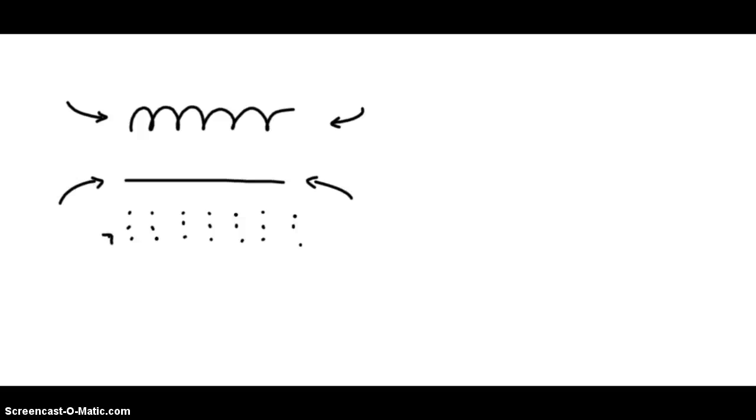It's where the medium runs out. No more air, no more string, no more slinky. And there are two types of ends that you can have on a medium. Two types of boundaries. There are fixed boundaries and there are free boundaries.